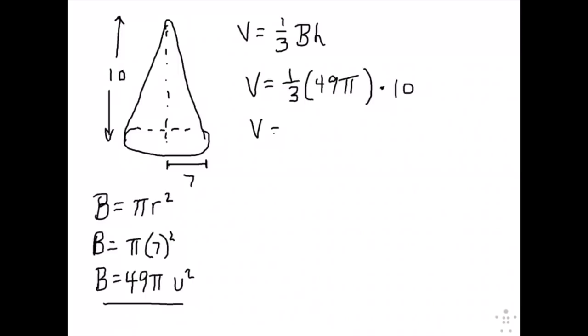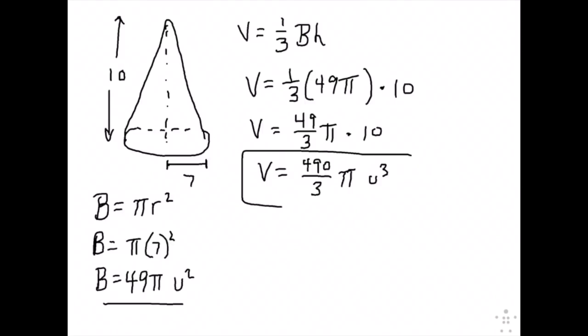So we get the volume to be 1/3, 49 thirds pi times 10, which comes out to not a great number, but not so terrible: 490 over 3 pi units cubed. I would just leave it exactly like that. 490 over 3 is not a beautiful number, but it's an improper fraction, which is fine.